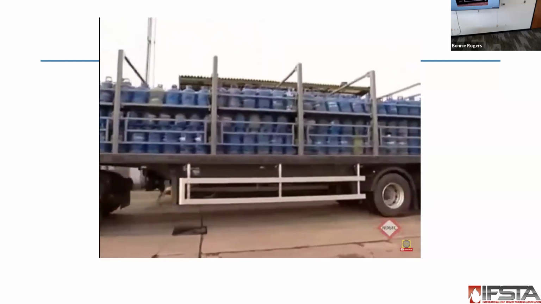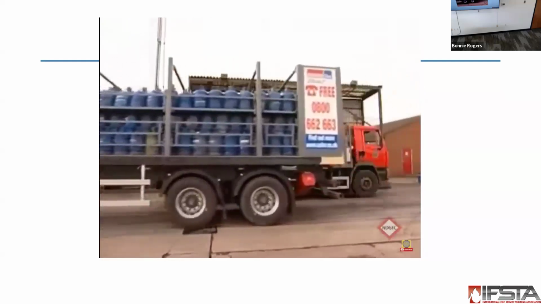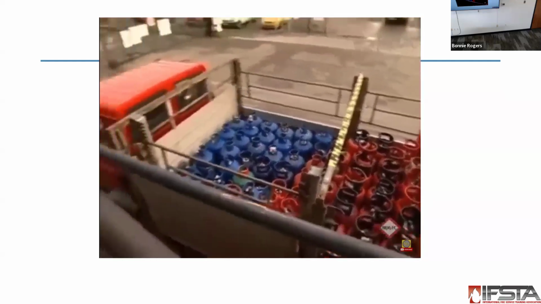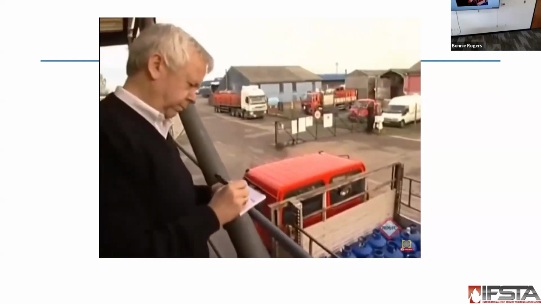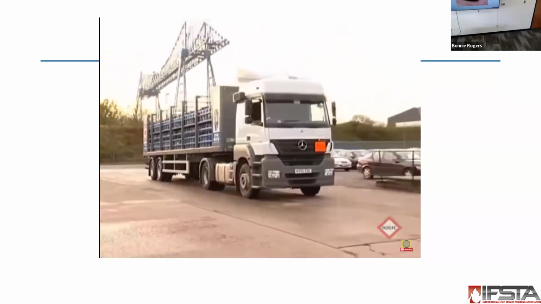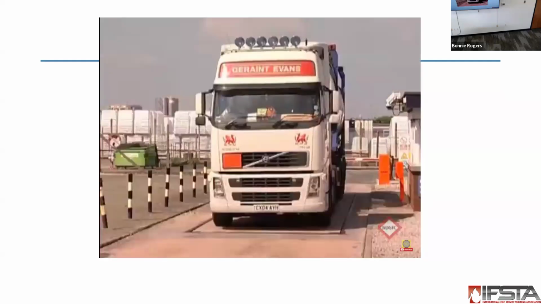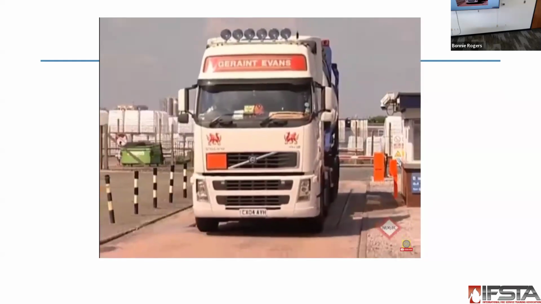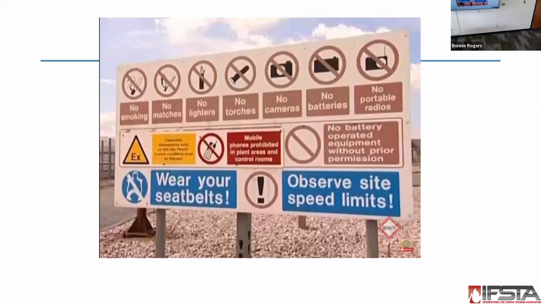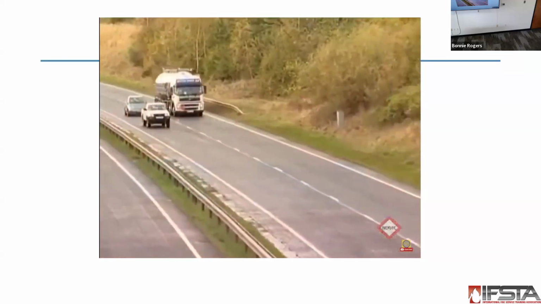The explosion and fireball may be much smaller, but the effect of dozens of mini BLEVEs can still be devastating. BLEVE is a real danger to all those involved in the transport of flammable liquids or gases. It's therefore clear that minimizing the risk of fire is a critical role for all drivers.